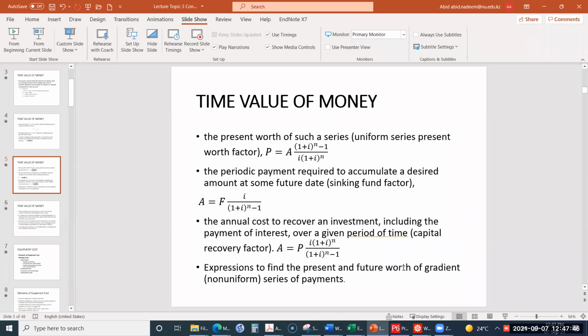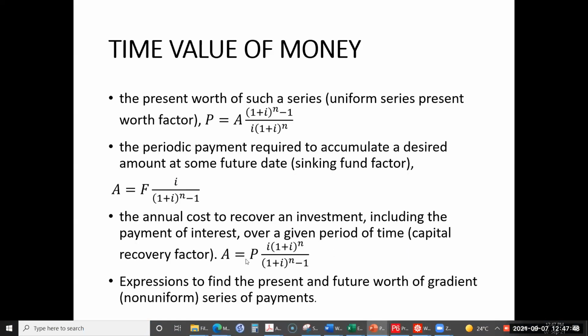So, for example, in this case, if P is given, I is given, N is given, we can find A. But in Excel, we will use a PMT function. Okay.